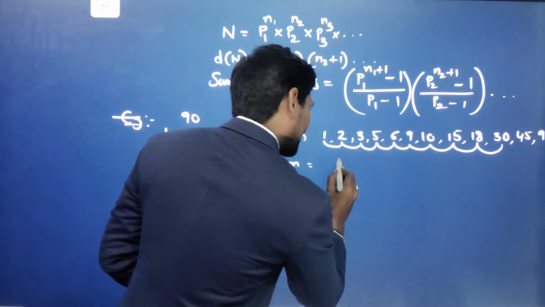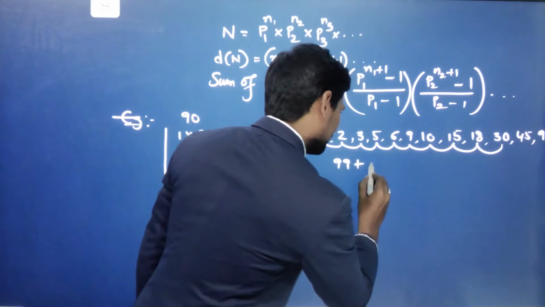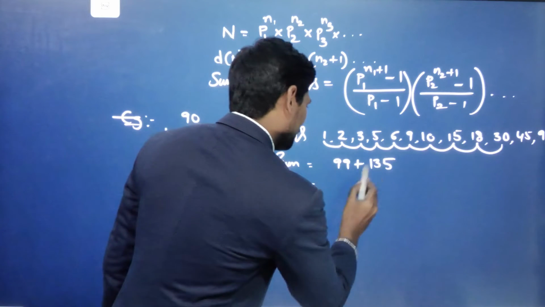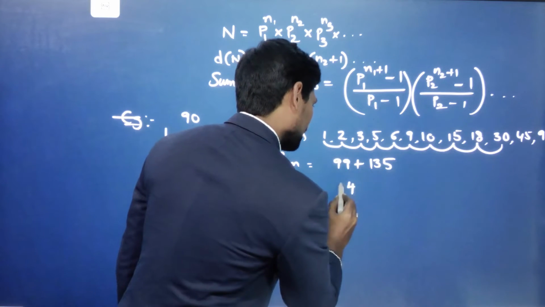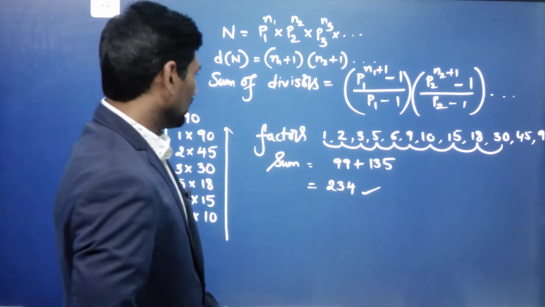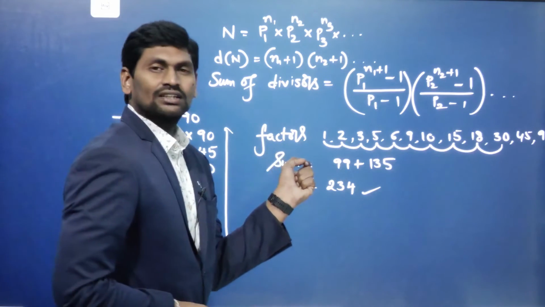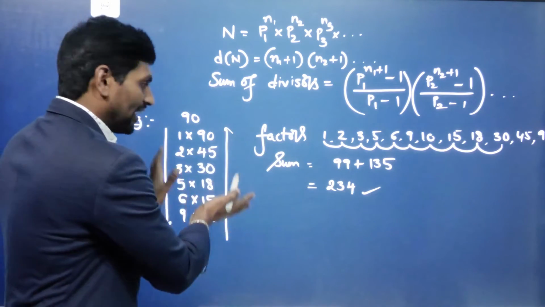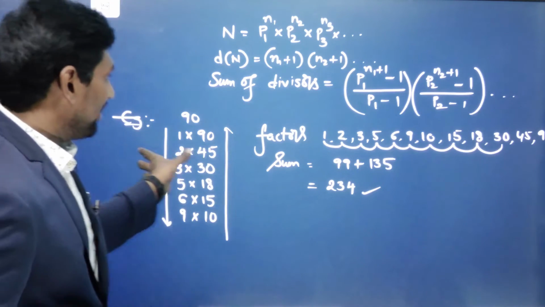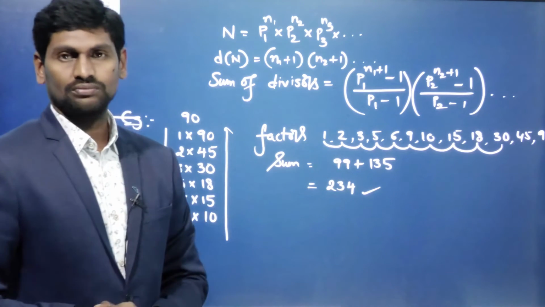Up to here 99, and the remaining are 45 and 90, that is 135. Adding them, 99 plus 135 is 234. Now we found the factors of 90 by the general method and added all the factors. We got the answer 234.